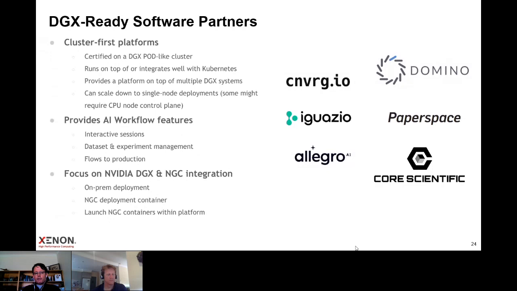This way, we have complete AI workflow features for interactive sessions, for data-centered experiment measurements, and flows all the way to production deployments. And again, with the integration with the NVIDIA GPU Cloud, they are compatible with on-prem deployments, and the NVIDIA GPU containers, which are regularly updated and optimized, can then be run within these platforms.